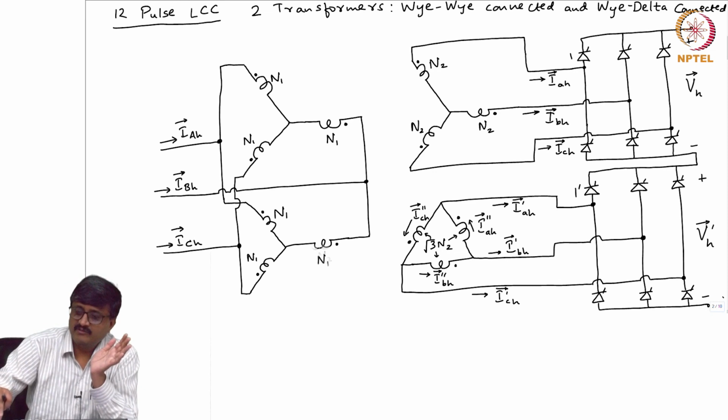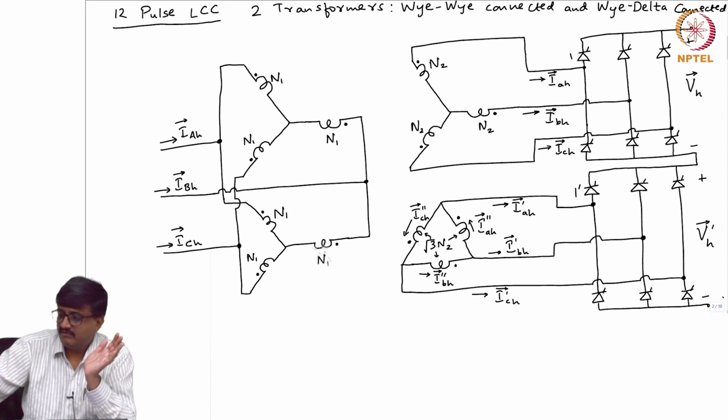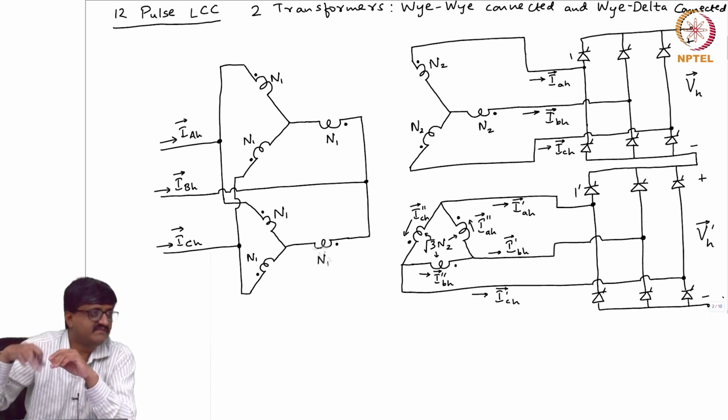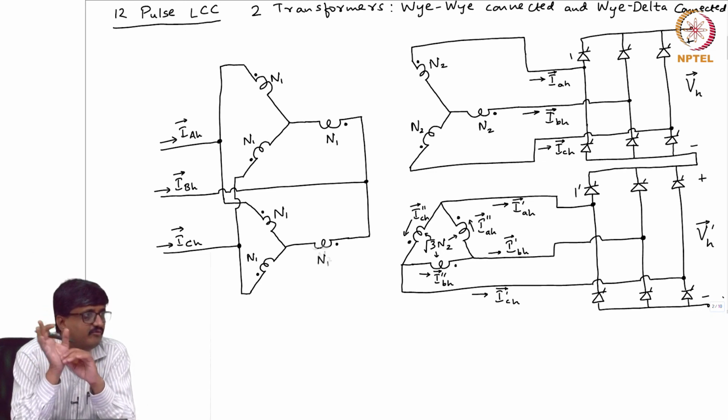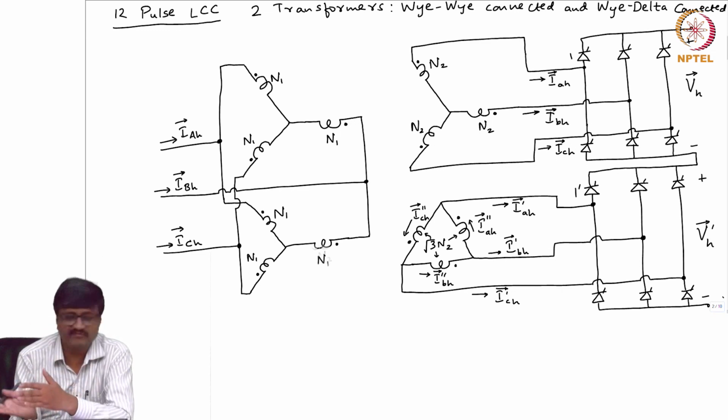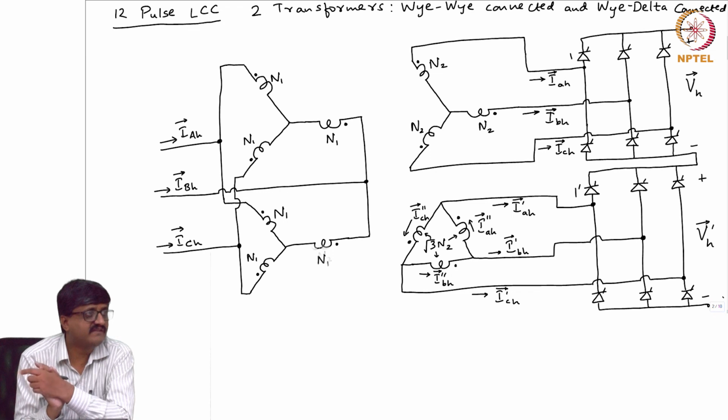See, the voltages which are applied to the two 6 pulse LCCs are identical in magnitude, but the 3 phase voltage coming out from the delta is not identical in phase.